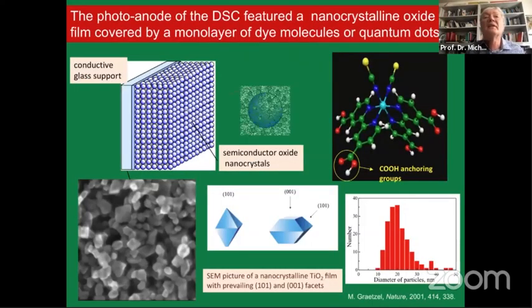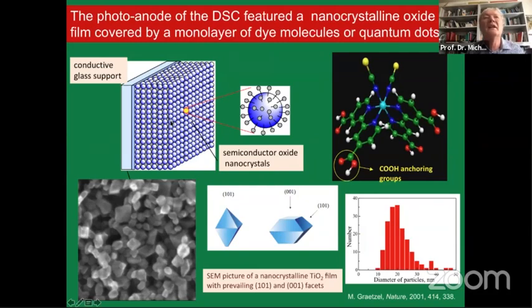Here, just in a nutshell, we assemble those particles. They are sintered together and assembled on a conductive glass support. Then we dip in a dye solution. Here's one of our ruthenium dyes, and it has the anchoring groups that will attach it spontaneously by self-assembled monolayer formation onto those particles, and that becomes a highly colored film.